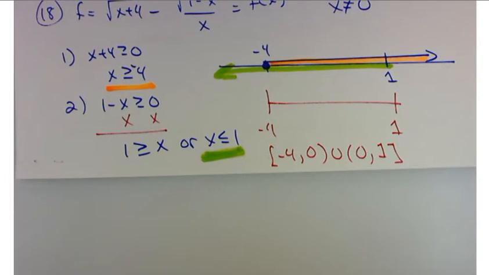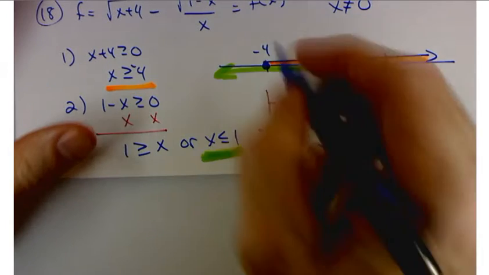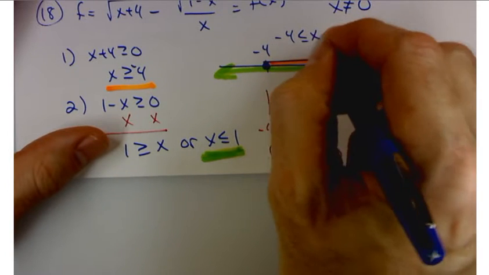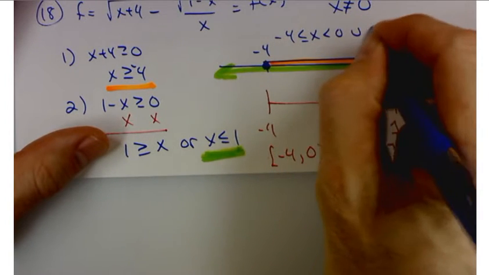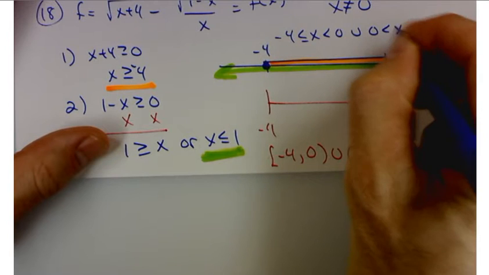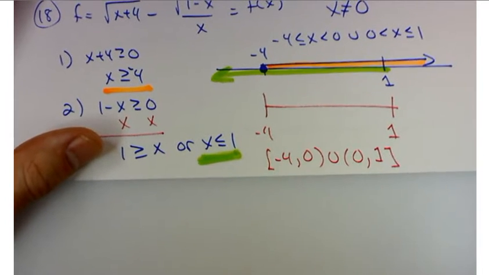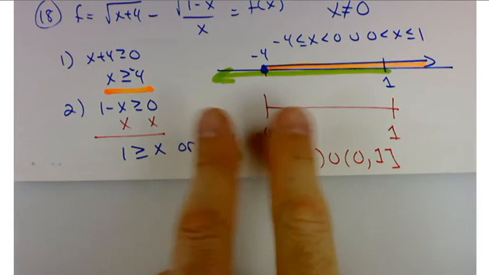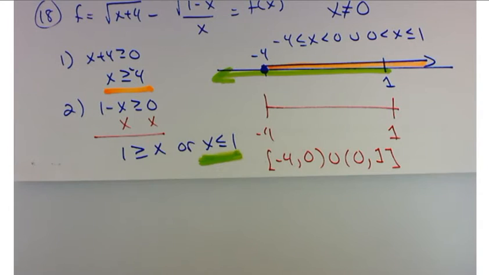Or you could write it with inequalities: -4 is less than or equal to x is less than 0, union 0 is less than x less than or equal to 1. But what I want you to see is that the domain is where these things overlap, where we're not going to have any problems with your function.